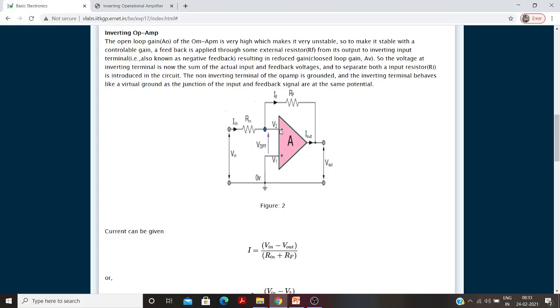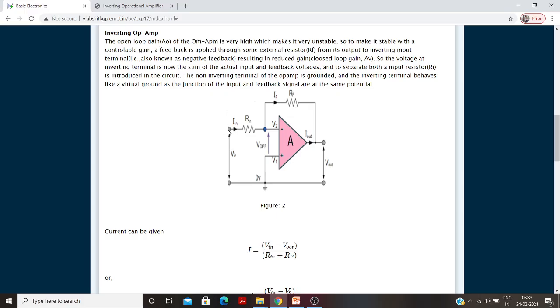Normally in amplifiers we use negative feedback, and in oscillators we use positive feedback. So this circuit always has negative feedback, that is, part of the output is taken back and provided at the inverting pin.